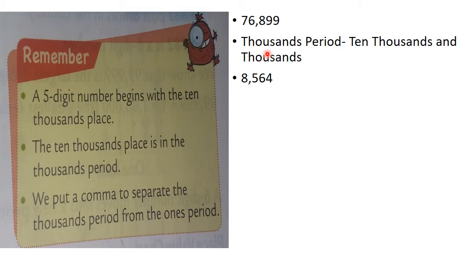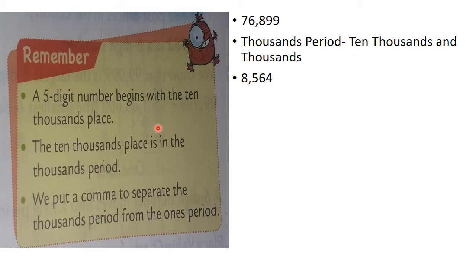The first one, at the extreme right side, is your 1's period, and just beside that we have the thousands period, where we include two place values, which are thousands and 10,000s. From the right side it is thousands and 10,000s, and from the left side it is 10,000s and thousands. So these are the two basic place values which we include in the thousands period.